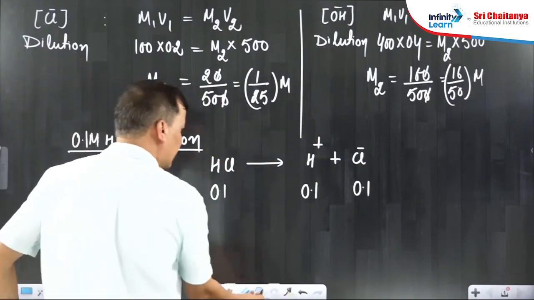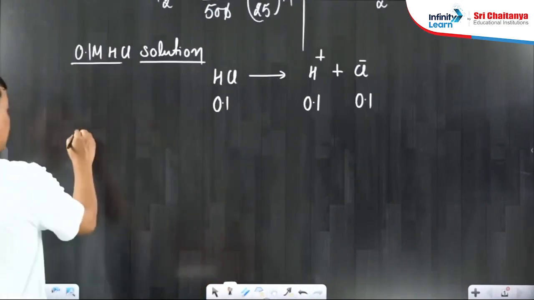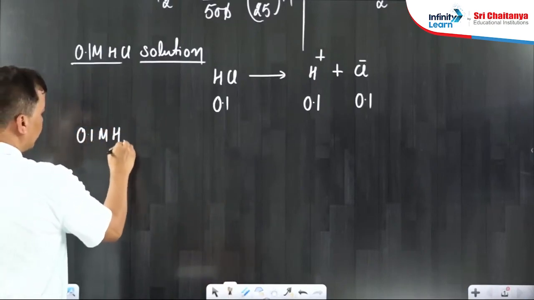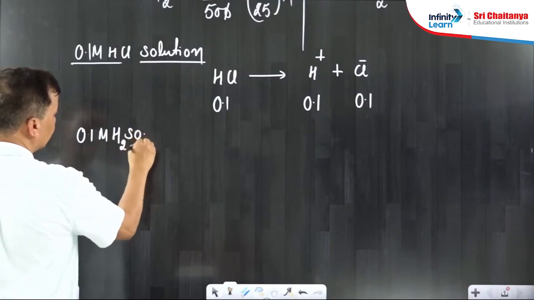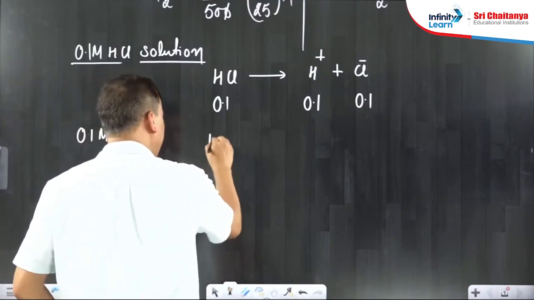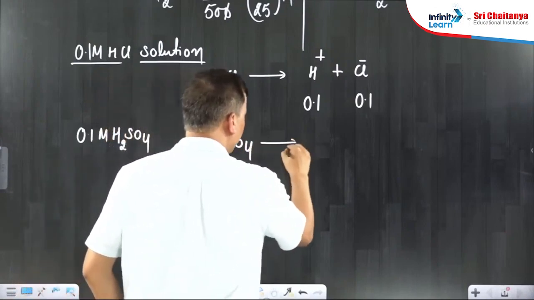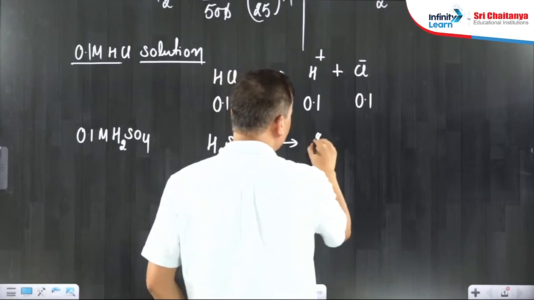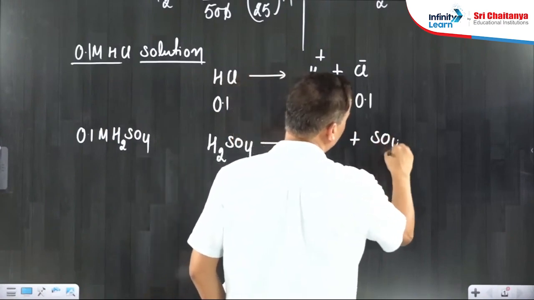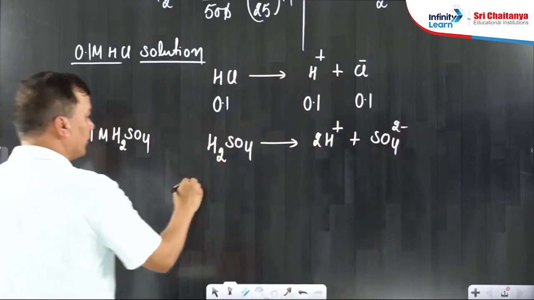Now if I take 0.1 molar H2SO4, sulfuric acid, it ionizes to give 2H positive plus SO4 2 negative. Please tell me, what is the molarity of the sulfuric acid?